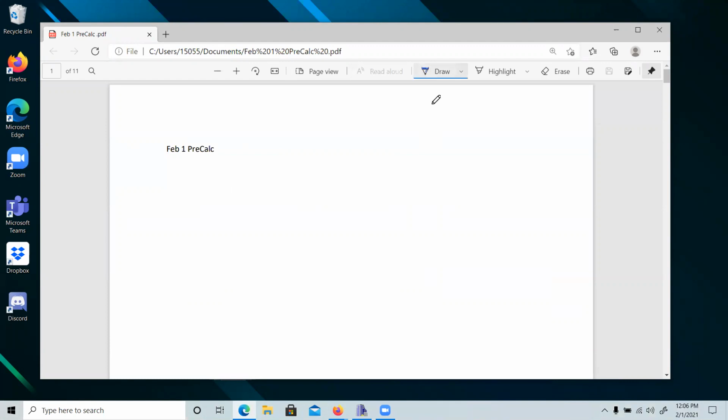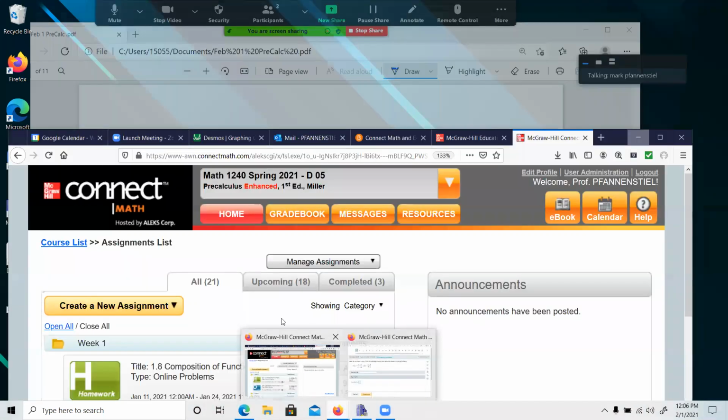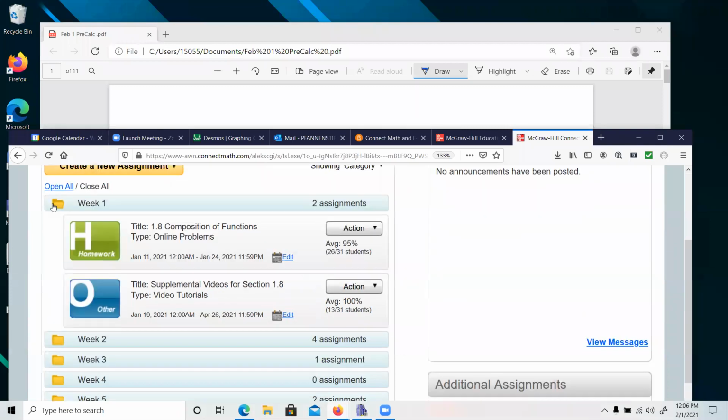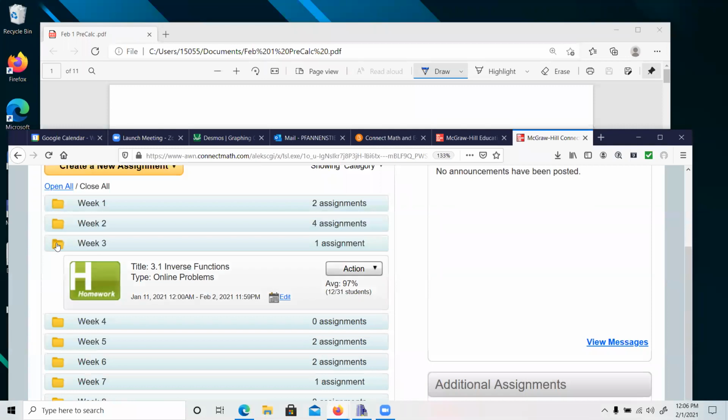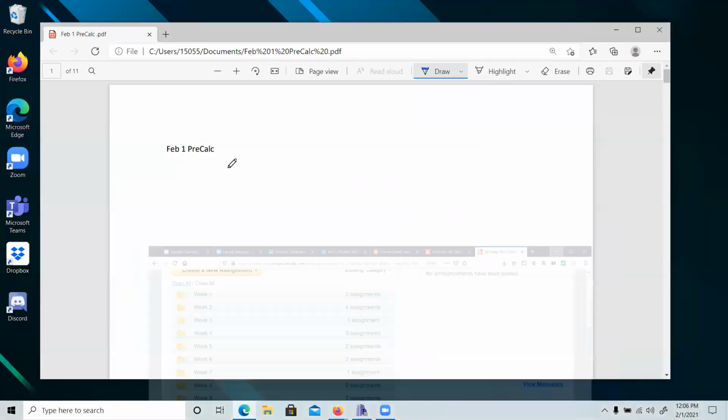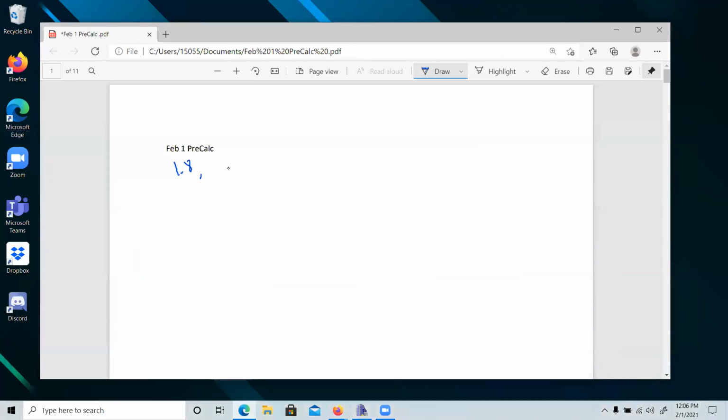But there we are. So let's see. Let's go back to this for just a second here. We are 1.8, 2.2, 2.5, and 3.1 for our subject material.